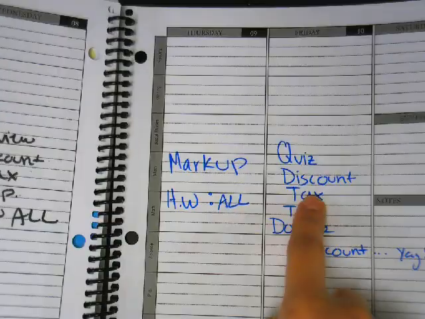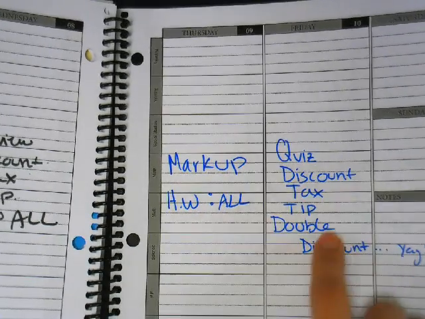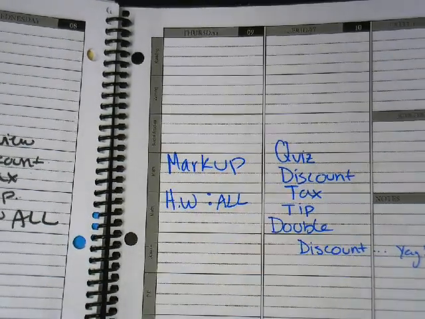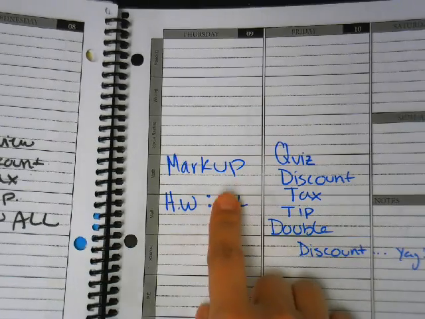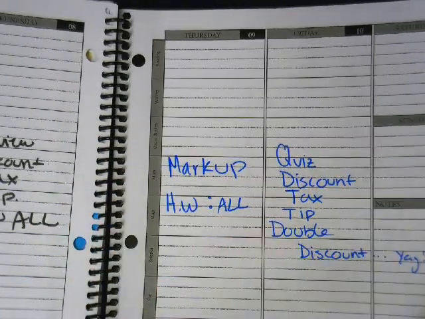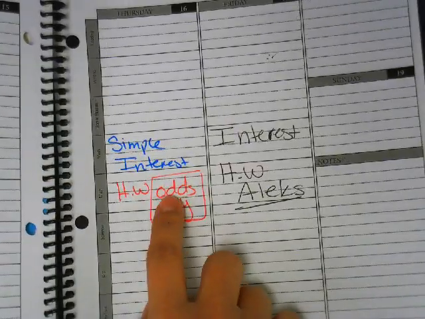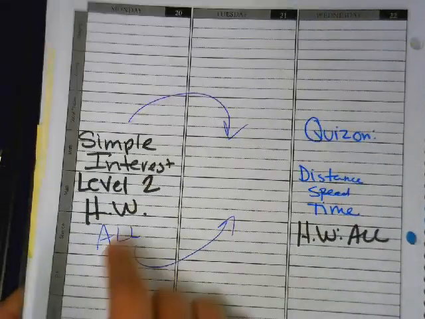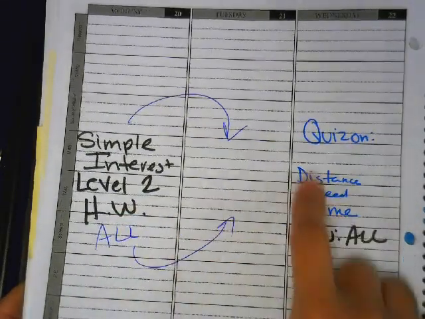Because you had a quiz on the 10th, I'm going to quiz you on everything that we've learned up until January 9th. So markup, commission, percent change, simple interest, and simple interest level 2, and what we're going to learn today and tomorrow.